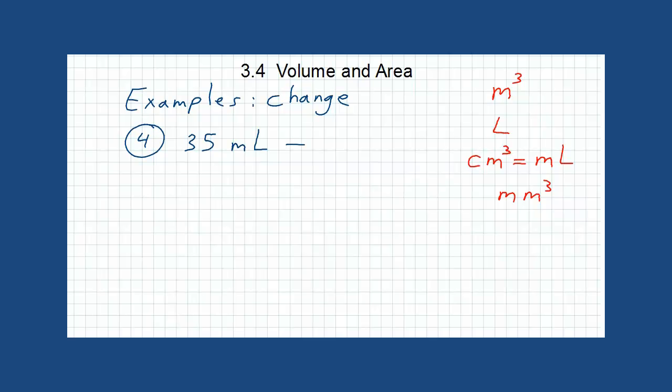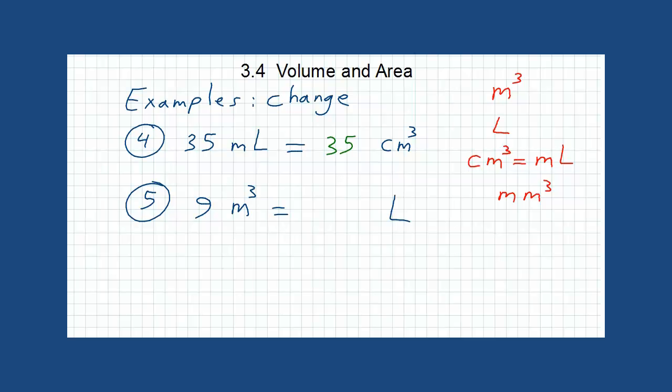Example 4. 35 milliliters, change it to centimeter cube. As you can see in the table, they are the same. So your answer should be the same number, 35 cubic centimeters. Last example on volumes. 9 cubic meters is equal to how many liters?